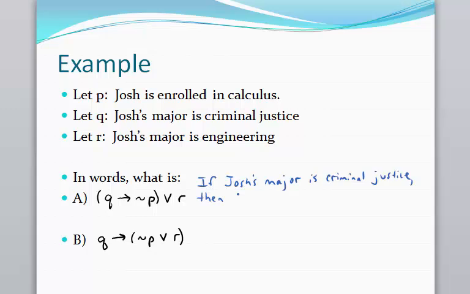The negation would be Josh is not enrolled in calculus. Okay, and then we have an or. And R is his major is engineering.